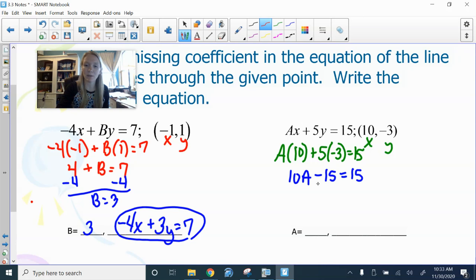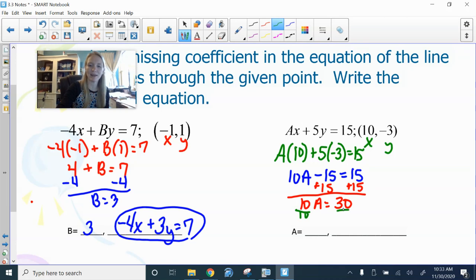And if I t-chart this, I'm going to add my 15 over to the other side of the equation. So I end up with 10a equals 30. And if I want to get a by itself, I'm going to divide by 10. What's a going to equal on this one? 30 divided by 10, I'm just going to get 3 again. So it doesn't always work like that where you get the same number, but in this case it did.